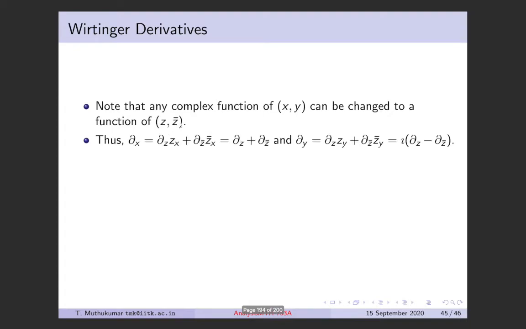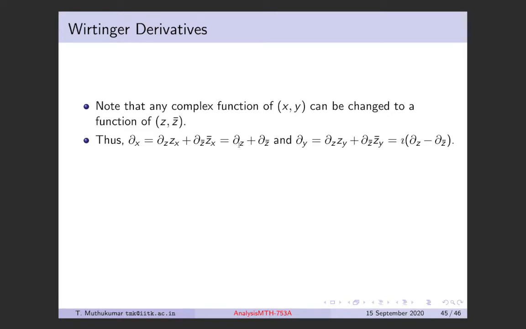Now using this relation, we can observe that if you look at the partial derivative with respect to the x variable, and since x is a function of z and z bar, using the chain rule, the partial derivative with respect to x is the partial derivative with respect to z times the x derivative of z, plus the partial derivative with respect to z bar times the x derivative of z bar. And we know that since z is x plus iy, the x derivative of z is 1, and the x derivative of z bar is 1.